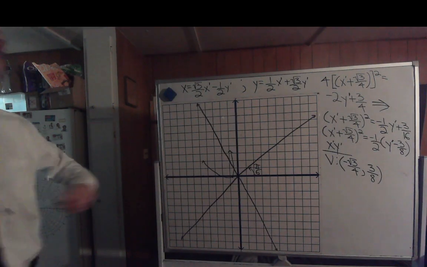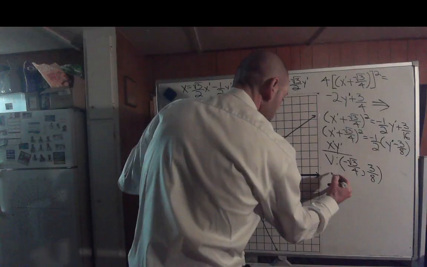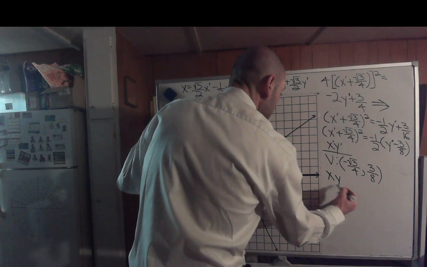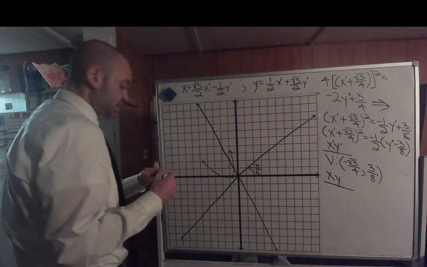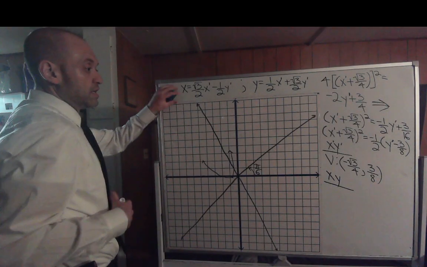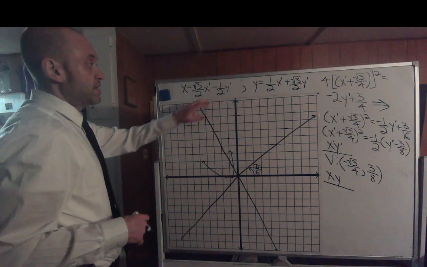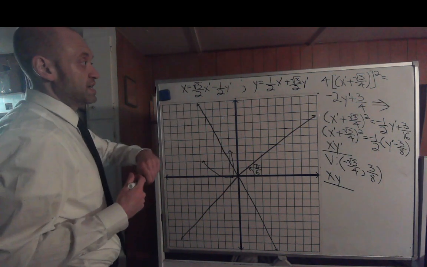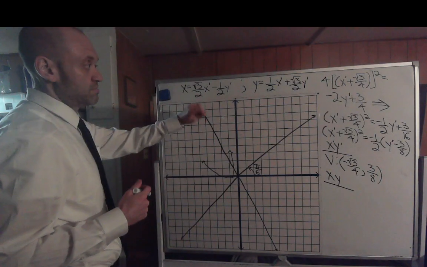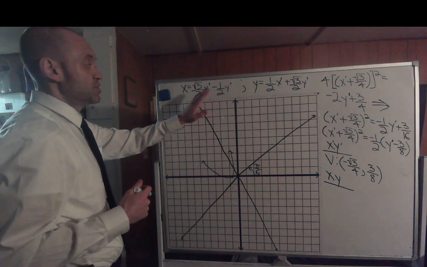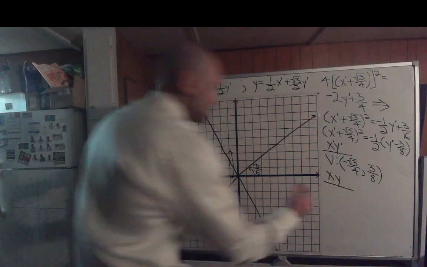Now let's find the xy equivalent. So to find the xy equivalent, let's take your x and y values and substitute these in for the x prime y prime to find your x coordinate.